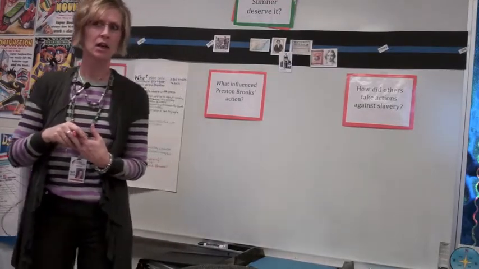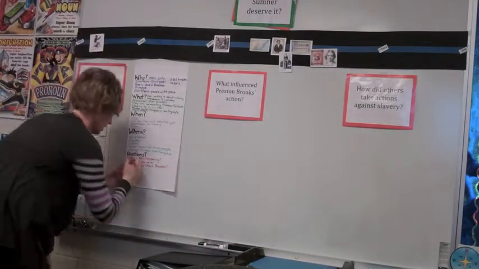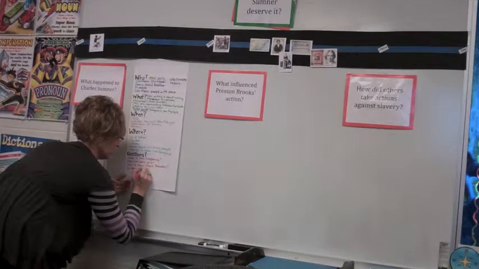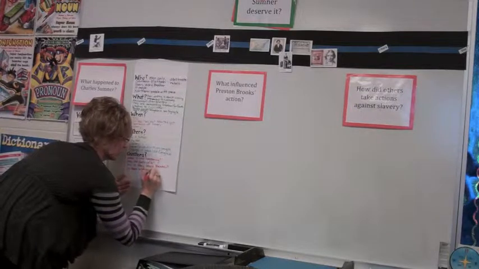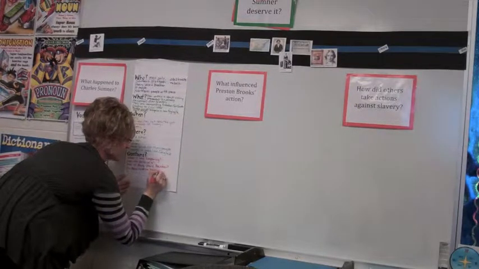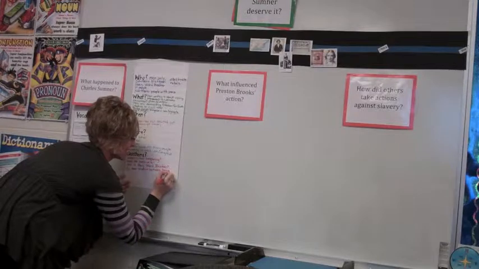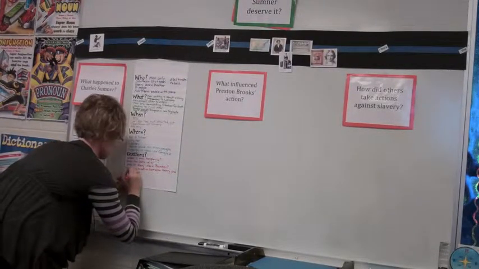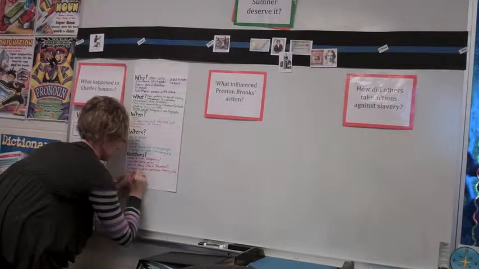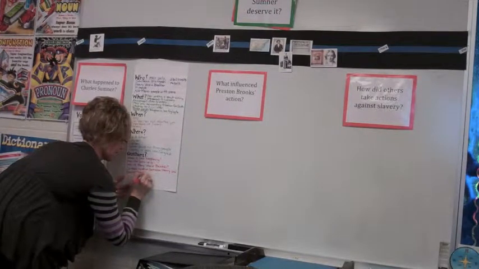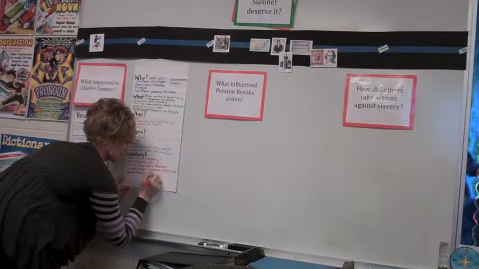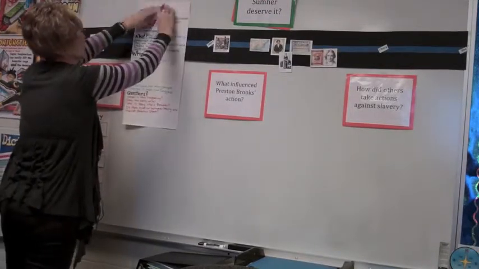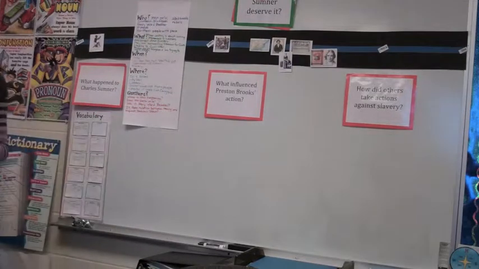Is there any relation between Henry and Harriet Beecher Stowe? Why are you asking that? Because she kind of has Beecher in her name, and so does he. So I think they could be like cousins or something. So you're thinking because they both have Beecher in their names, there might be some sort of relation there.